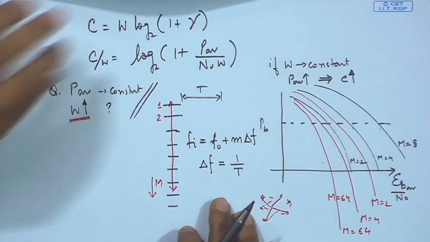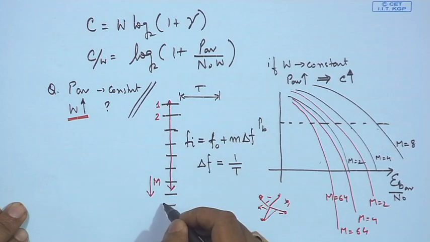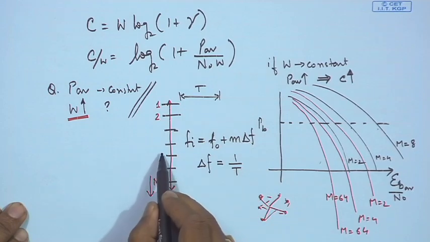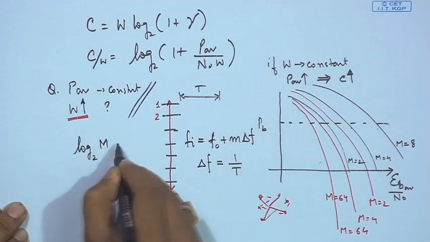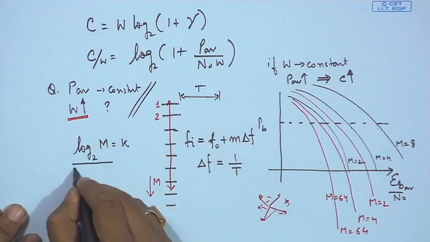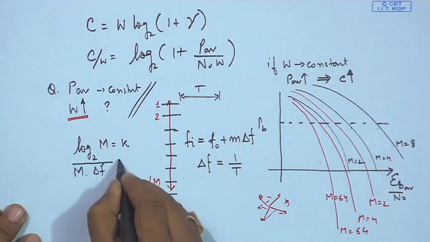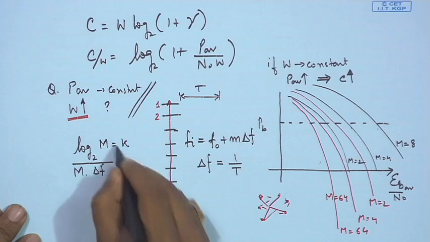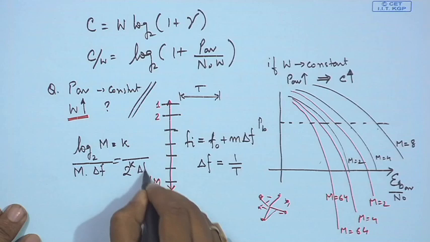So, trying to correlate that with what we have studied before. As we increase M and it tends to infinity, the number of bits that is being sent is log base 2 of M, which is k, and we divide it by the bandwidth, that is M times delta f. So, on the right hand side we will be having k over 2 to the power of k delta f.